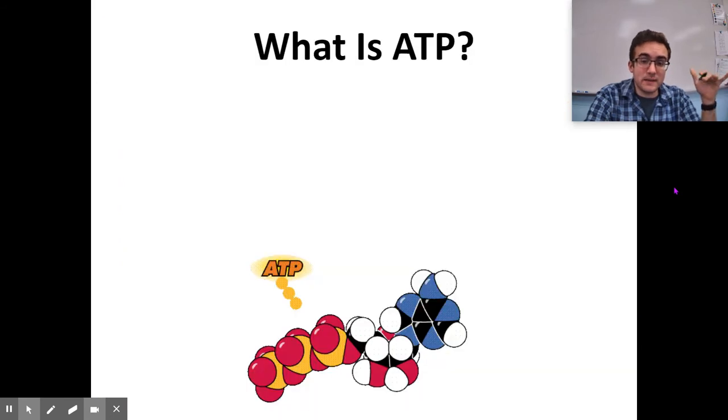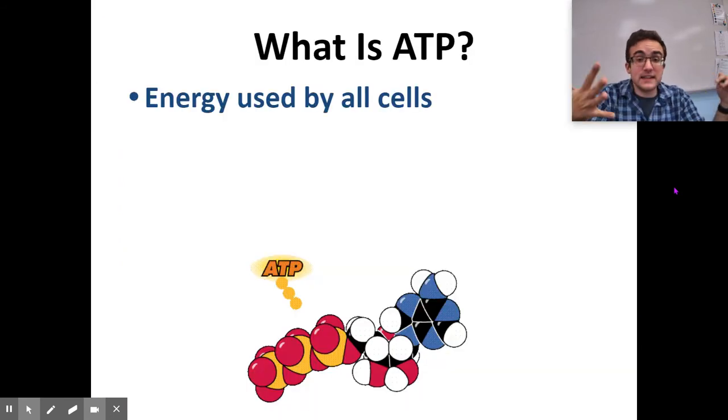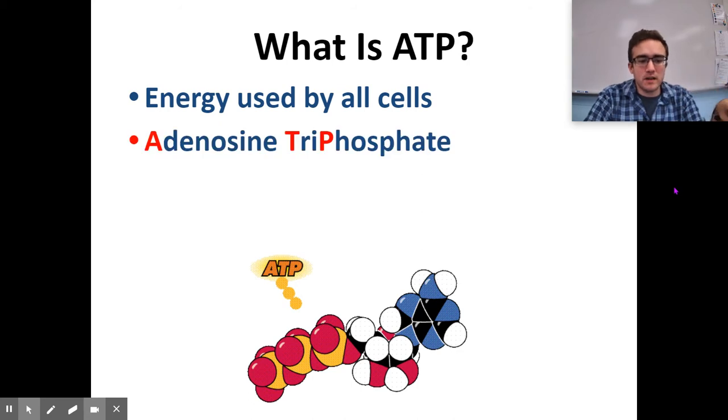ATP is the energy. In our bodies, we can actually quantify how much energy we get, and that's from ATP. So ATP is like the main energy currency in the cell. This is where our energy comes from. ATP stands for adenine triphosphate.